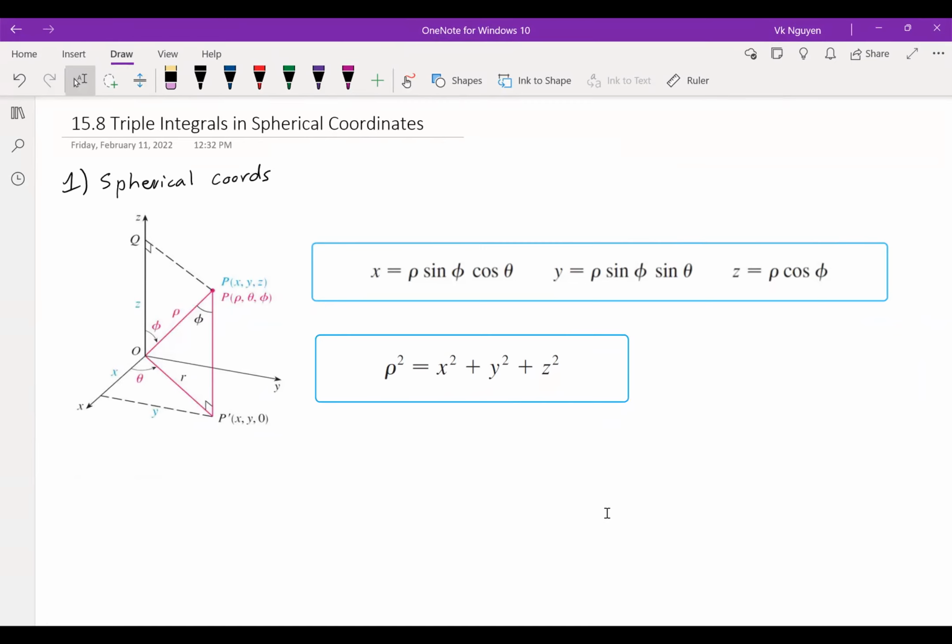The angle theta is on the xy plane. Okay, so angle theta is on xy plane. The angle phi is from the z-axis.